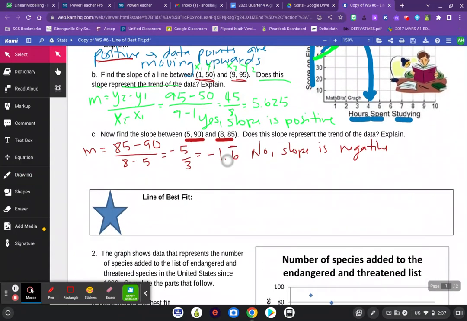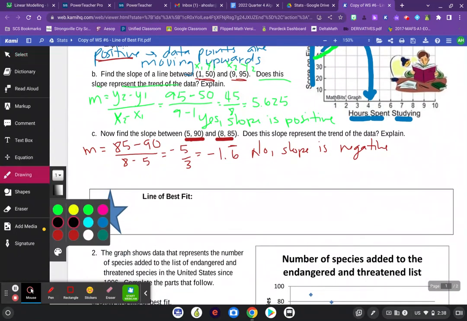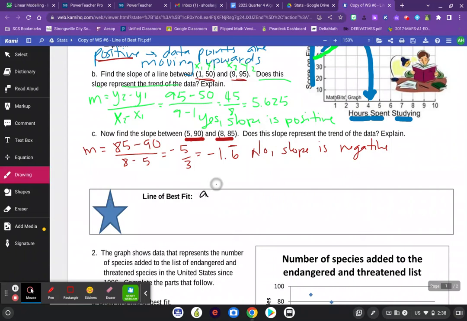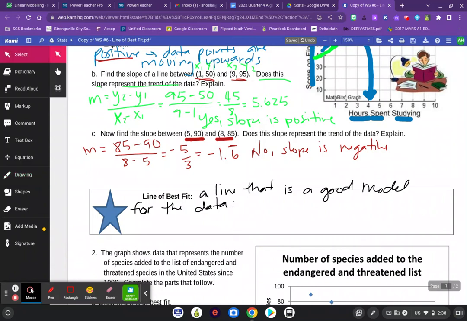All right. And so the line of best fit is a line that is a good model for the data. Couple criteria that helps make the line the best fitting line, okay?